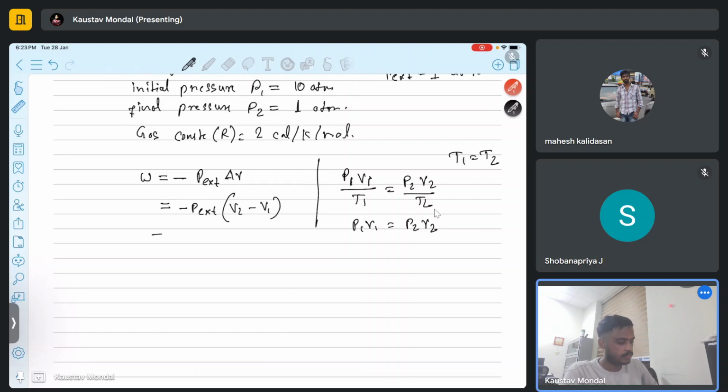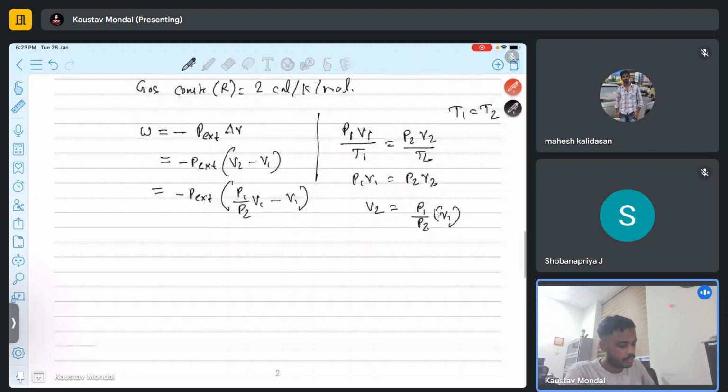We can write V2 as P1 by P2 into V1. So minus P external will be times V2, P1 by P2 minus V1, minus V1.